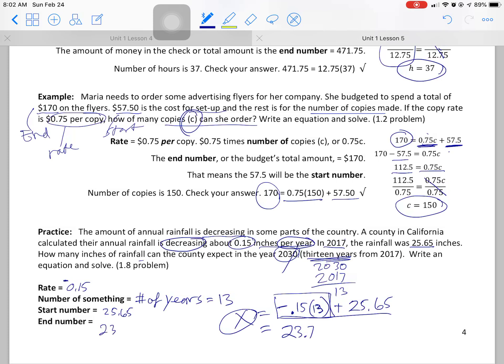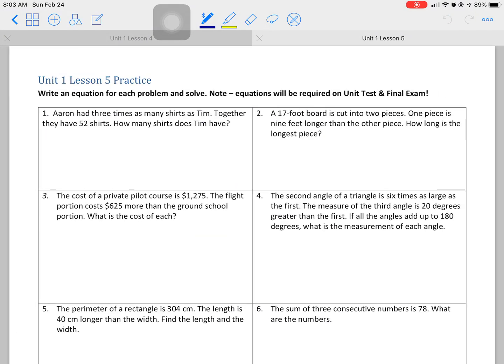So the end number is 23.7, or x, whatever you want to do. But that's the final answer. You can expect 23.7 inches of rain in 2030 because it went down 0.15 inches per year for 13 years. That's your final answer. Okay?